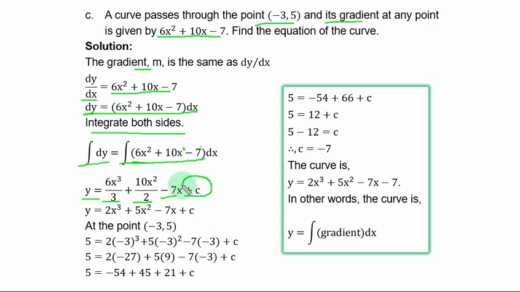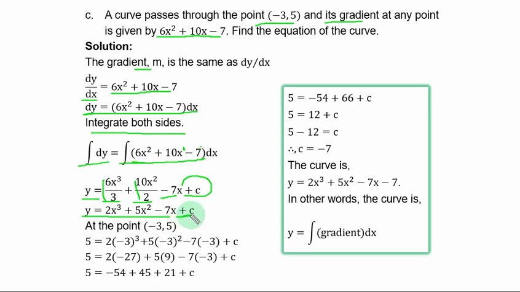Anytime you are dealing with an indefinite integral, the constant of integration is always included. If you divide 6 by 3 and 10 by 2, you have y equal to 2s cubed plus 5s squared minus 7s plus c.